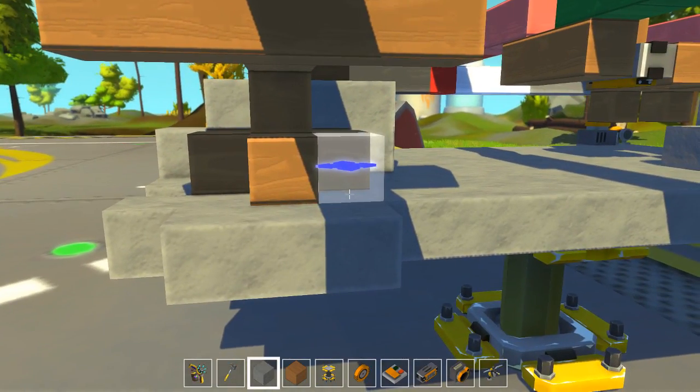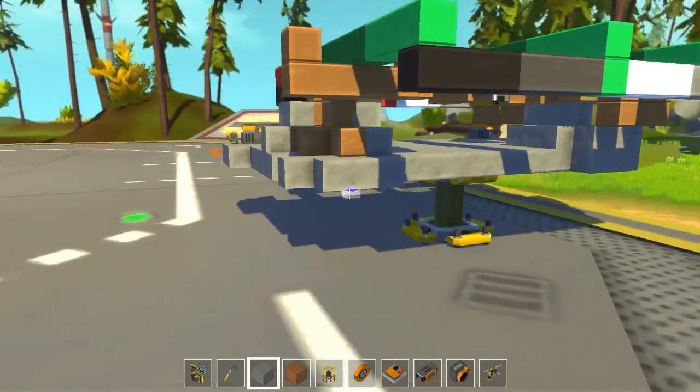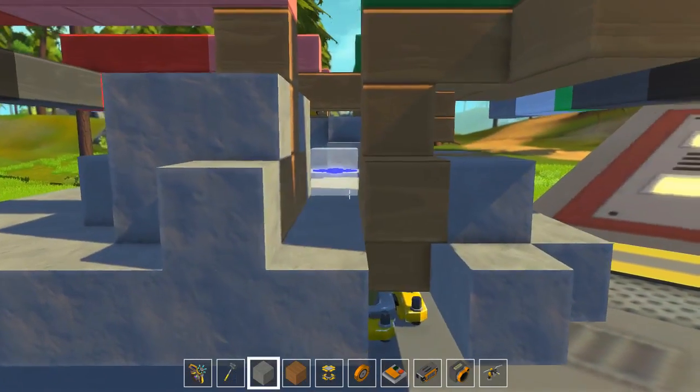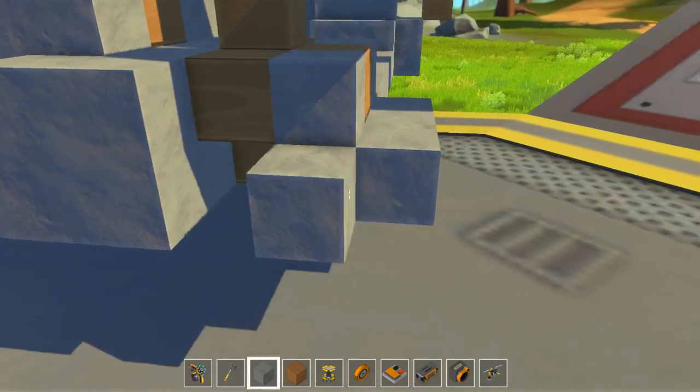That's not where most of the stress is going to be, but there's going to be a huge amount of horizontal stress.